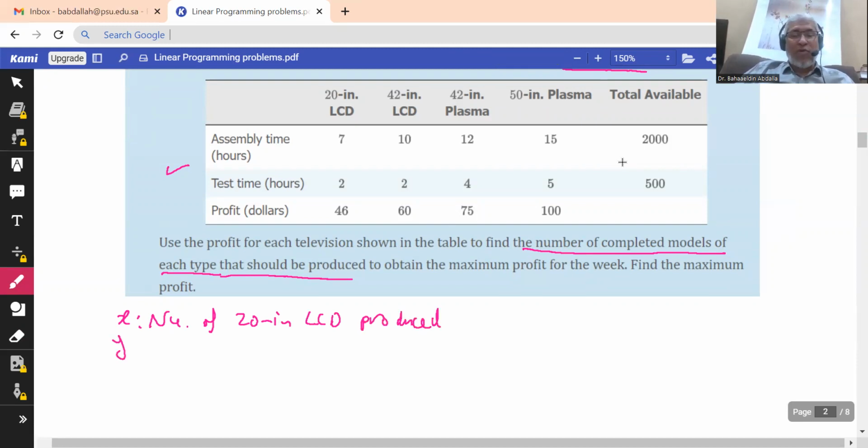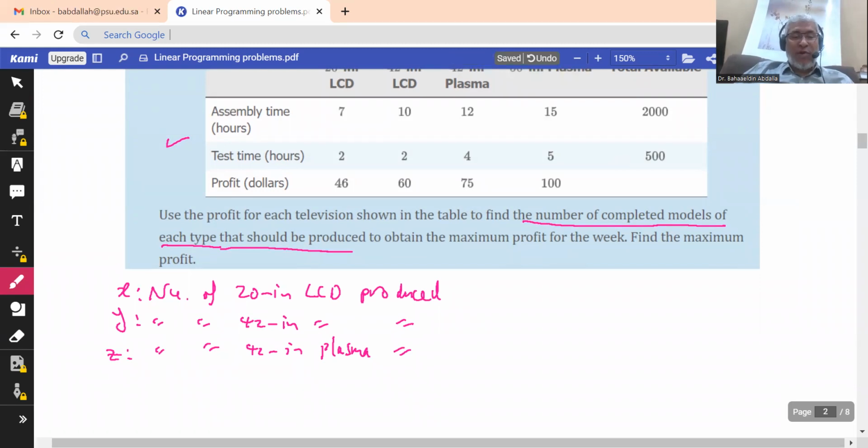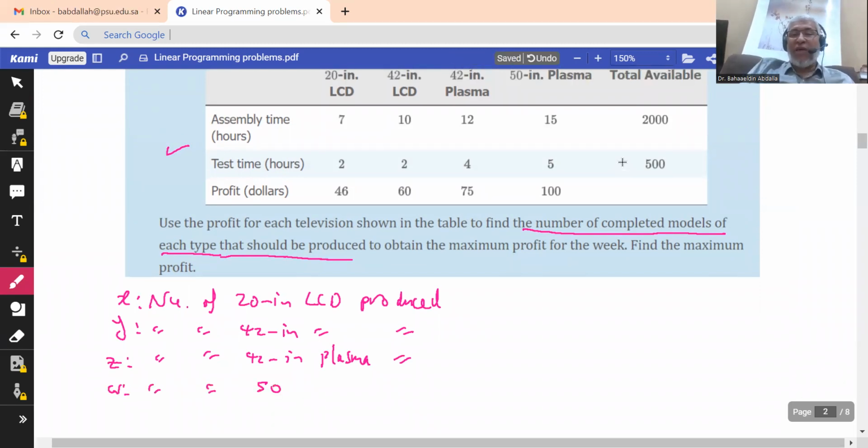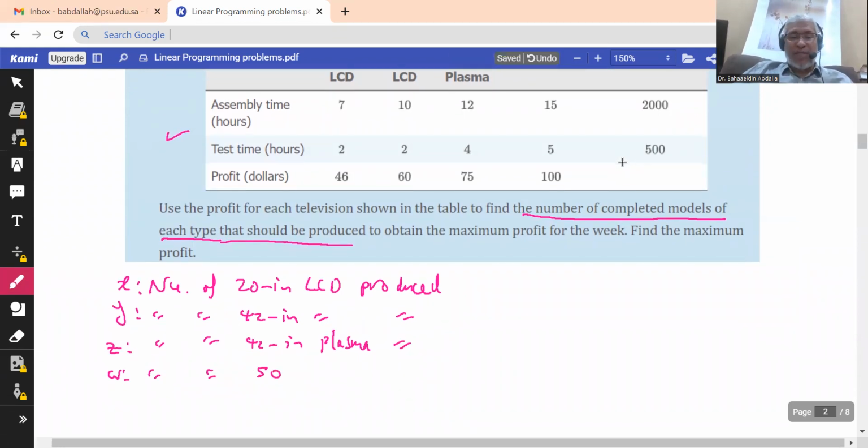Y would be the number of 42-inch LCD produced. Z would be the number of 42-inch plasma models produced. And W would be the number of 50-inch plasma produced.